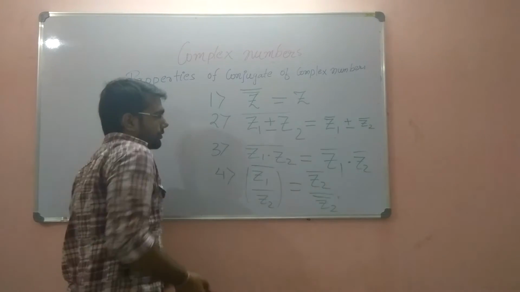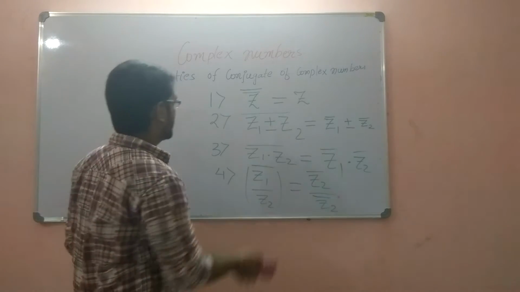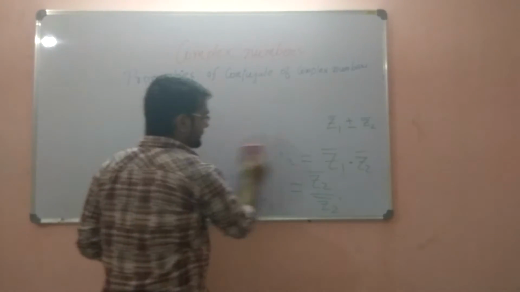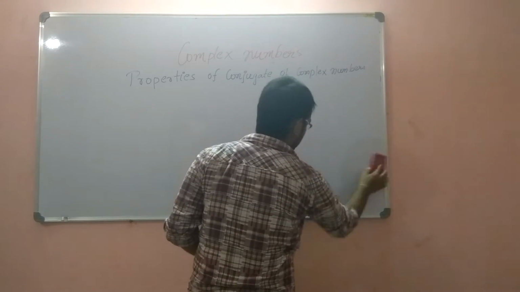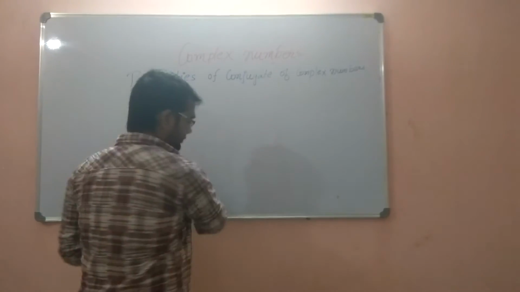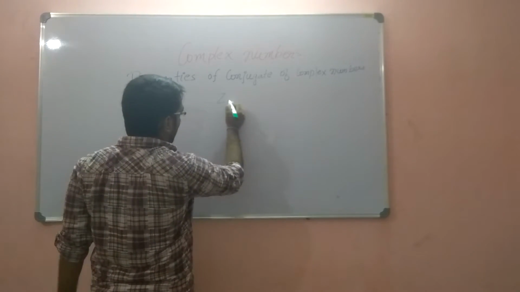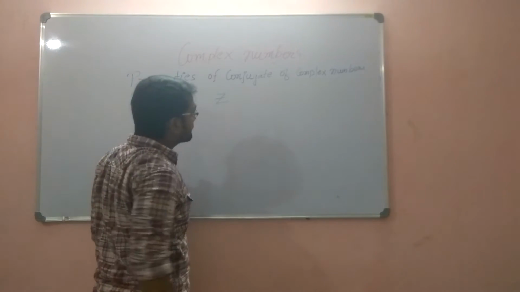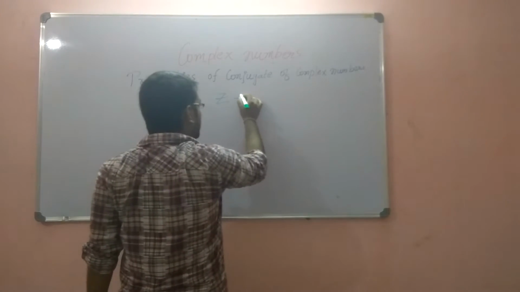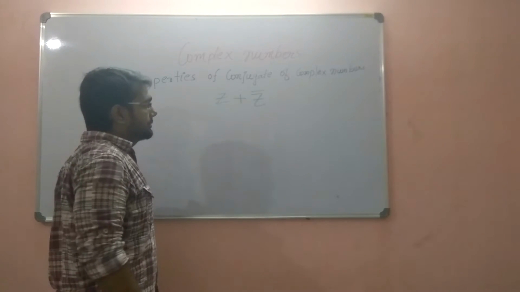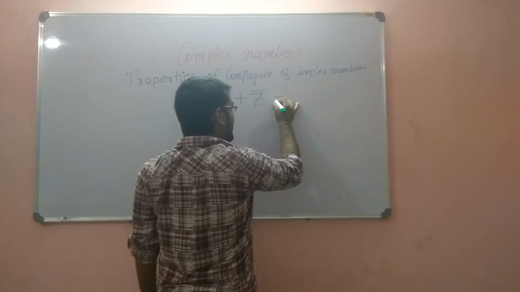So there are two major things that I would like to point out. Suppose you have a complex number z, and you add it with the conjugate of that complex number. Then what would you get?